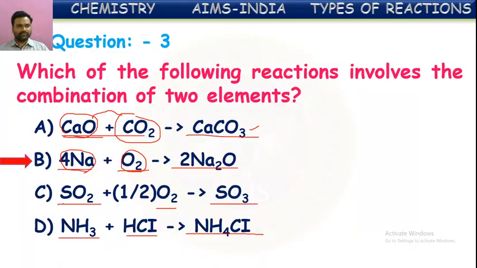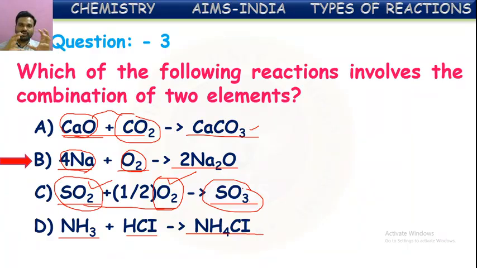If you see the third one, sulfur dioxide is a compound. Oxygen is also a compound. Sorry, oxygen is an element. So the compound sulfur dioxide and the element oxygen both are combining to form a compound, sulfur trioxide. So we can say this is a combination of a compound and an element.